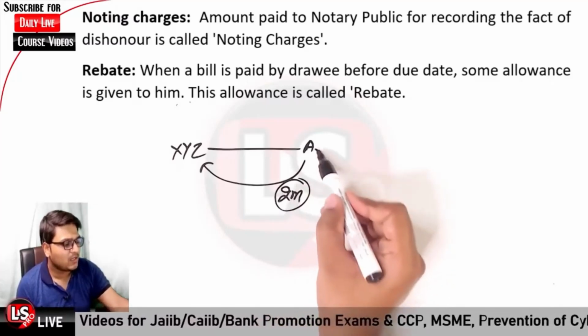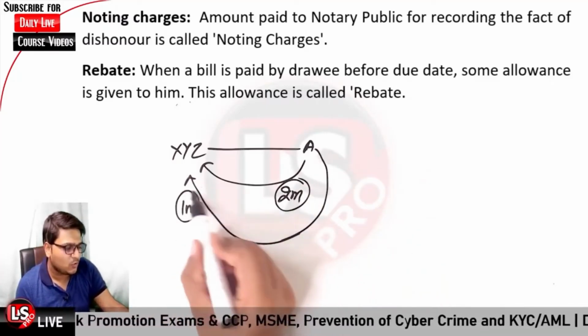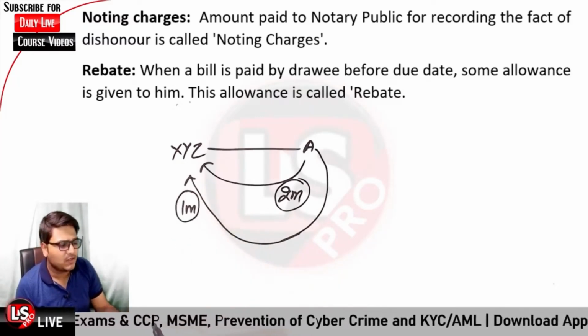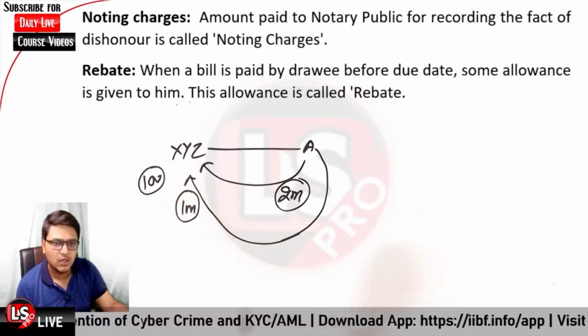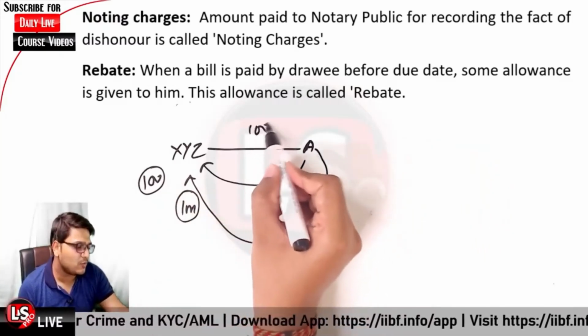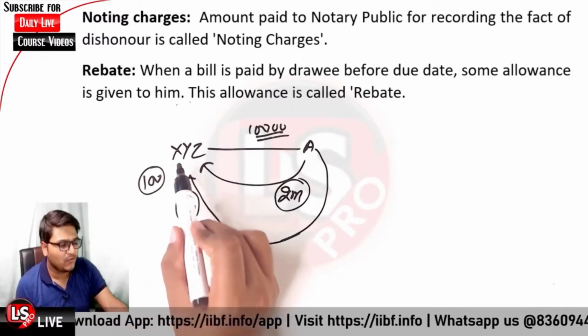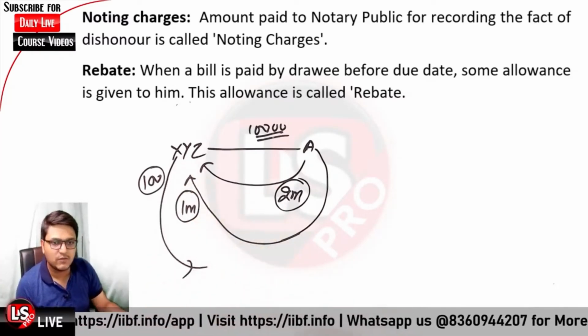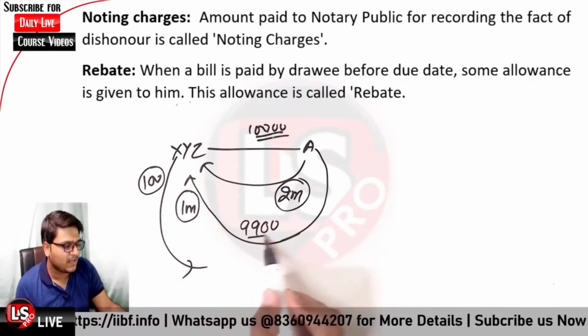And further, A made the payment to XYZ after 1 month. And further, let us say a discount of 100 rupees was given to him. So the total payment of 10,000 was to be made. So a discount of 100 rupees is given to XYZ. Now he will be paying 9,900.